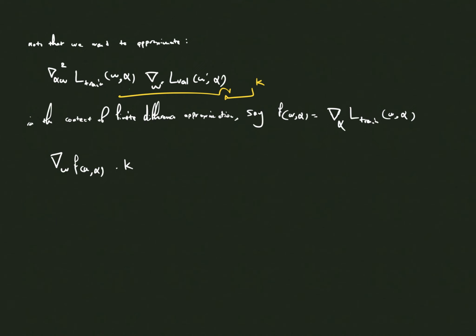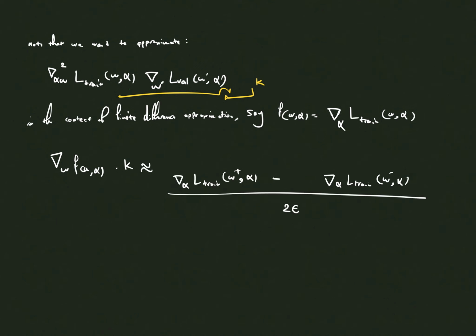In order to use the finite difference approximation, we would consider this k here, and we would put a 2 epsilon in the denominator. We want to use the central version of the finite difference approximation. In the numerator, we would have omega plus something and omega minus something as the two points indicating the span that we are considering.